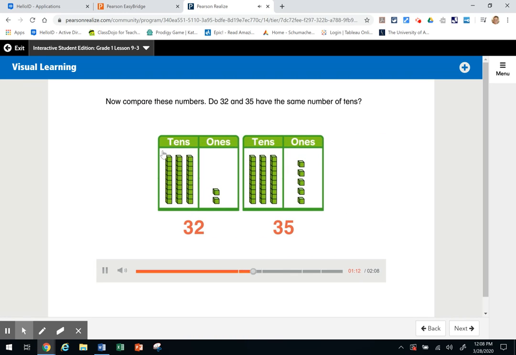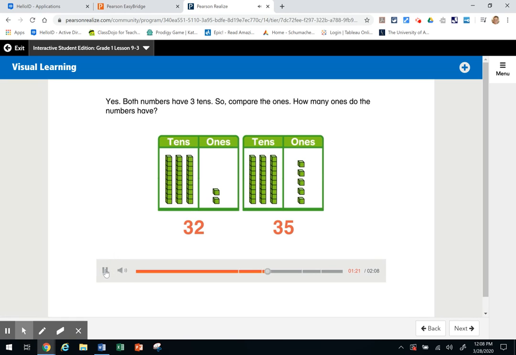Now compare these numbers. Do 32 and 35 have the same number of tens? Yes, they do. They both have 3 tens in 32 and 3 tens in 35. So they have the same number of tens. So now you have to look at the ones.